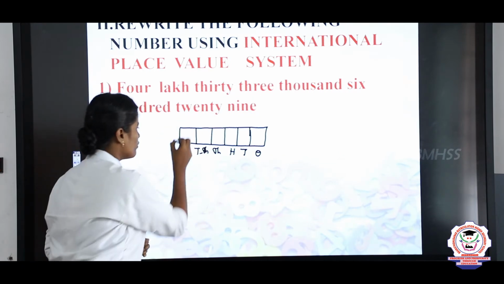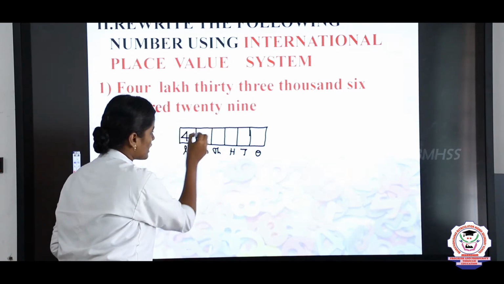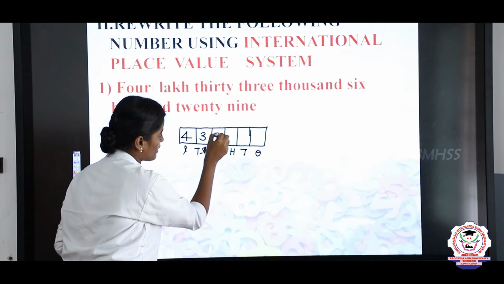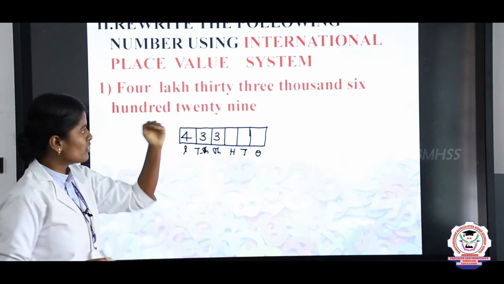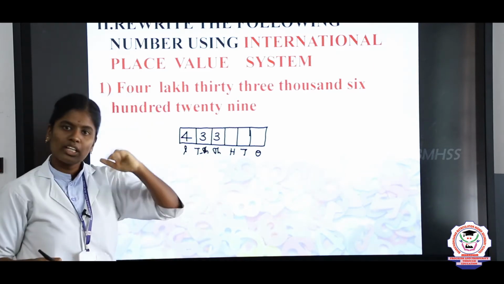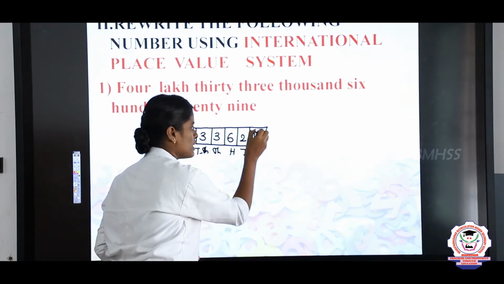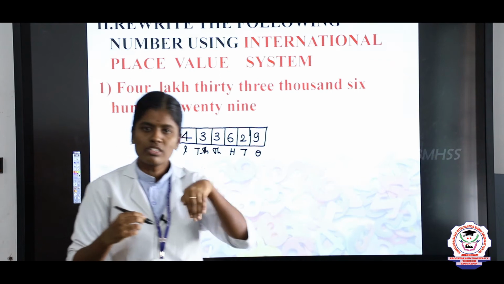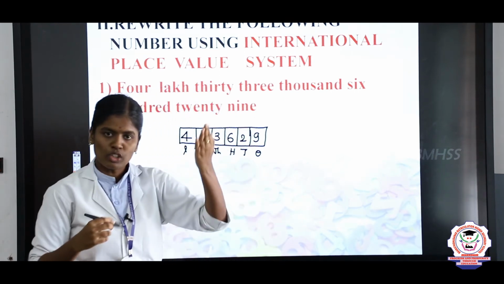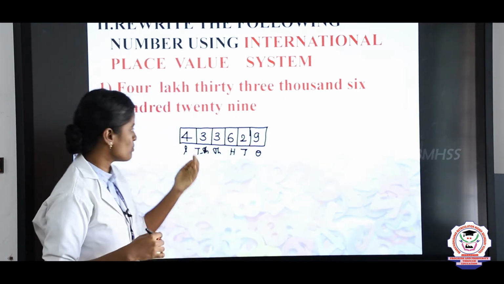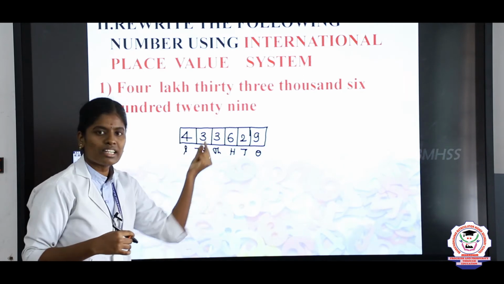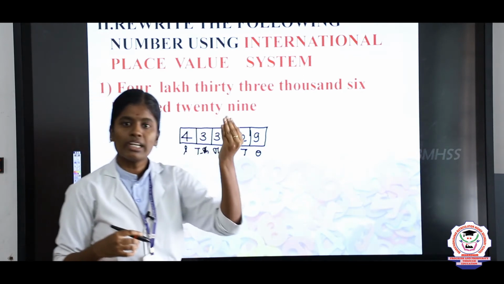4,33,629. This is the Indian place value system. Now we are going to convert into the international place value system. So take 433,629.